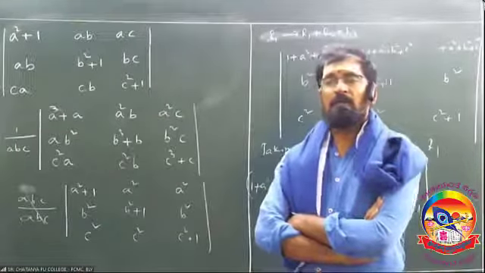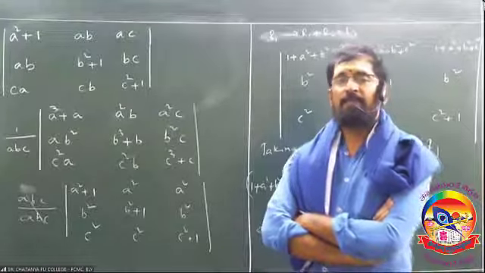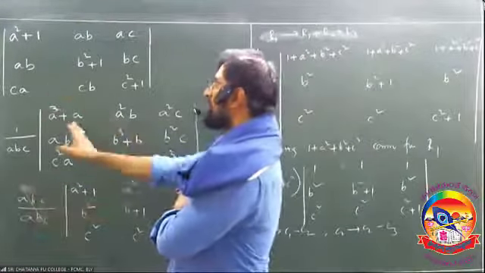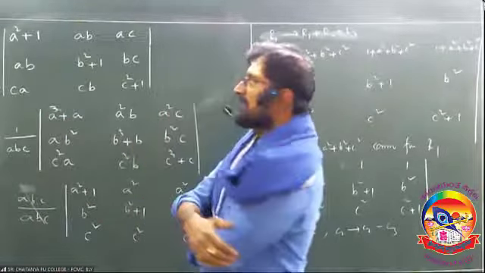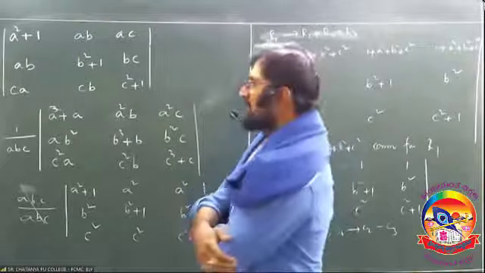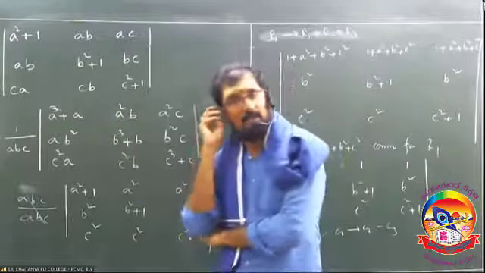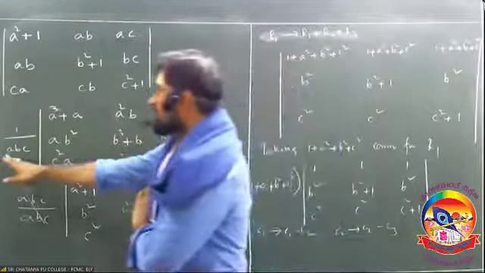So I am multiplying that first row with A. Then I got A cube plus A square B, A square C. Okay, and the second row is multiplied. If I multiply with A, I should obviously divide it. So A outside, 1 by A.